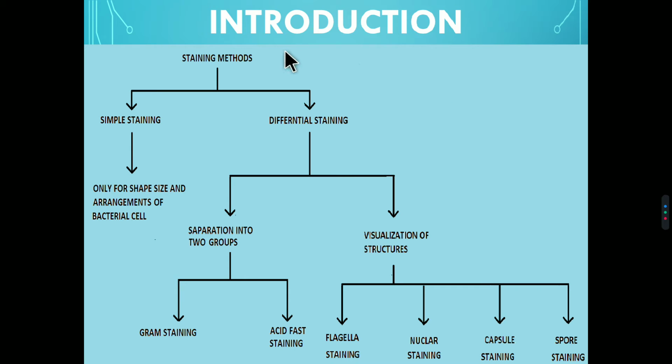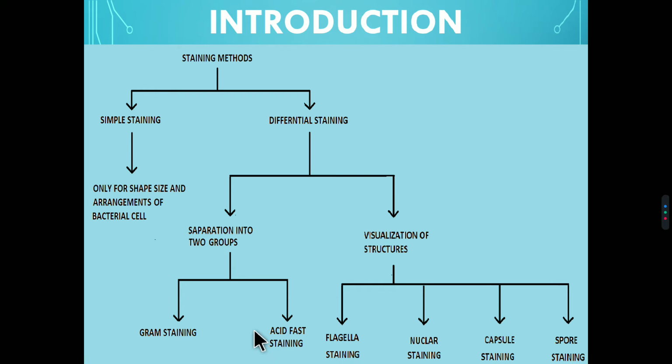The bacterial staining is divided into two different groups: gram staining and acid fast staining. You may have one question in mind: both are bacterial staining, so why are they divided into two different groups? Because acid fast staining is used only for Mycobacterium species.